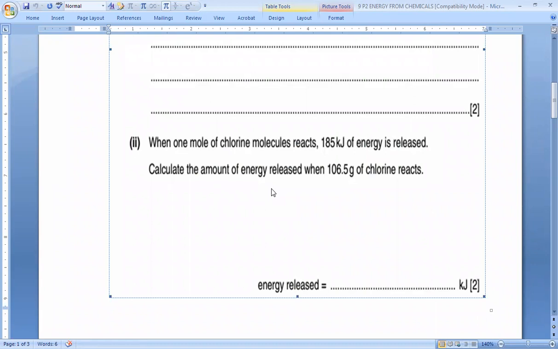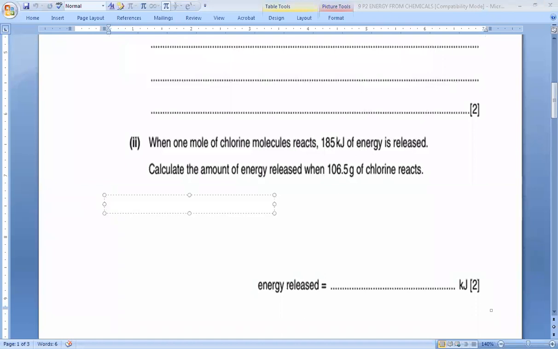Now 106.5 should first be changed into the number of moles by using this formula: n is equal to mass over Mr. 106.5 is the given amount of chlorine. 106.5 divided by 71, because chlorine means 35.5 plus 35.5 becomes 71.